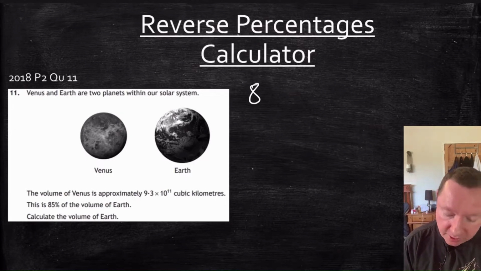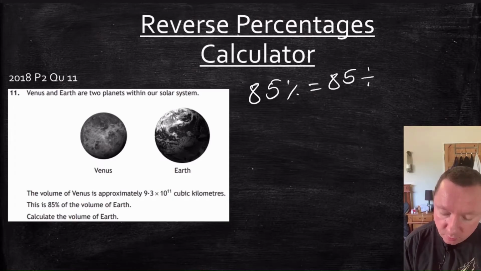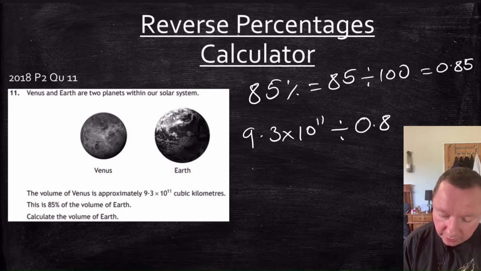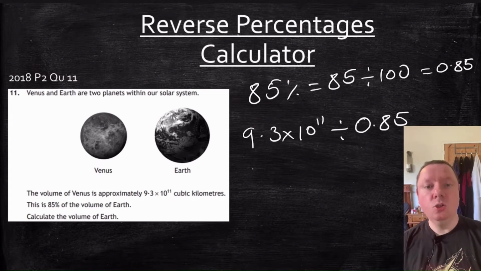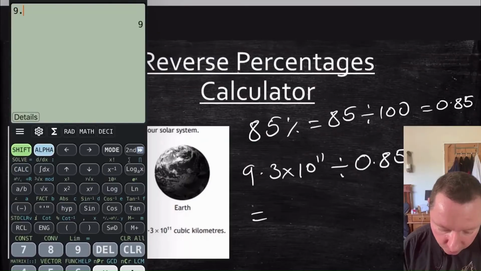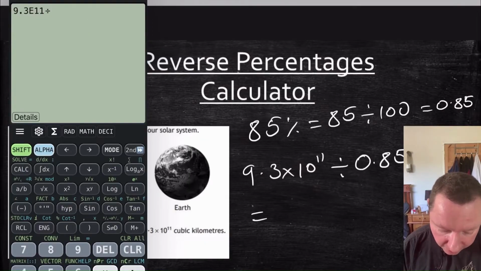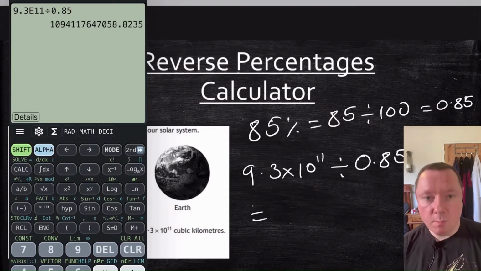So 85%, change that to a decimal, 85 divided by 100, 0.85. So we now just take our number, 9.3 times 10 to the 11, divided by 0.85 to get back up to 100%. 9.3 times 10 to the power of 11 divided by 0.85, and we get a huge number.